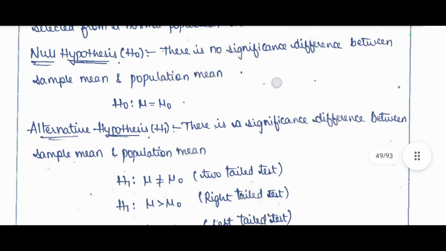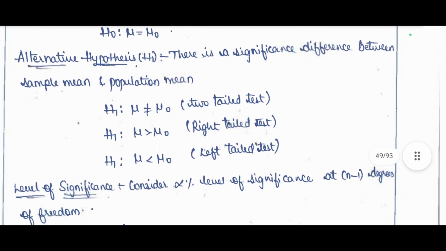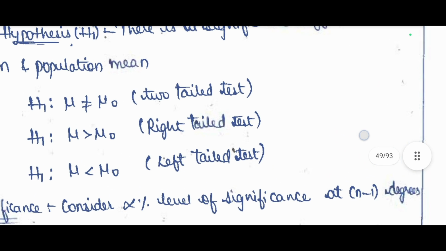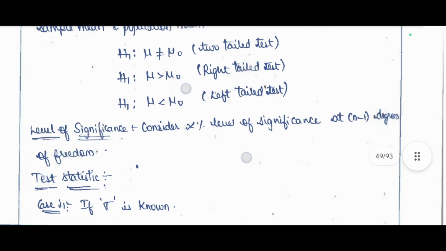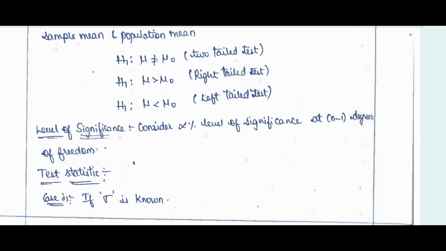The alternative hypothesis: there is a significant difference between the sample mean and the population mean. You can put it as a two-tail test or one-tail test, right-tail or left-tail test. Level of significance: alpha, at n minus 1 degrees of freedom.